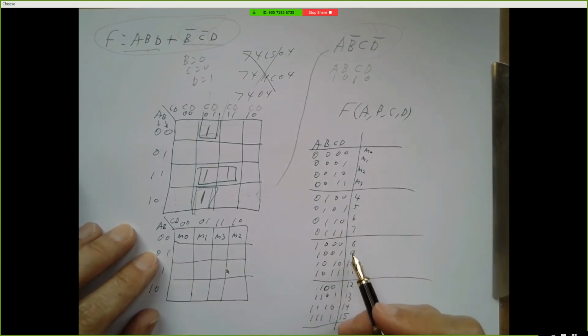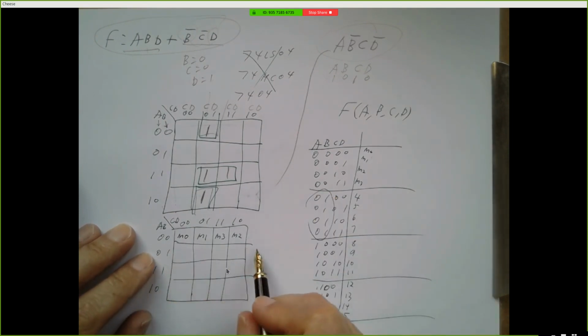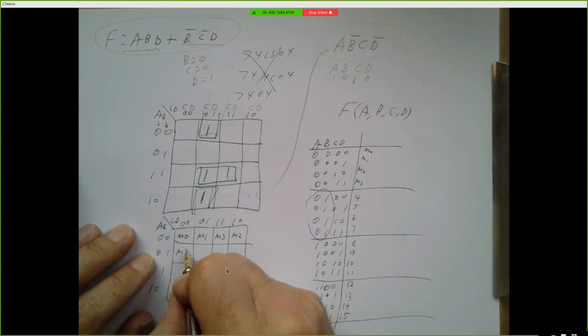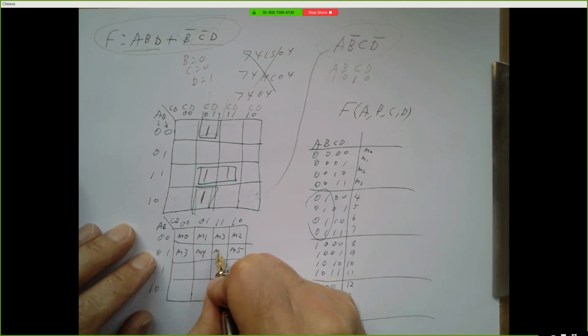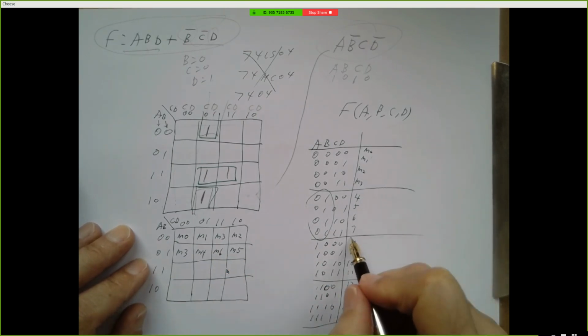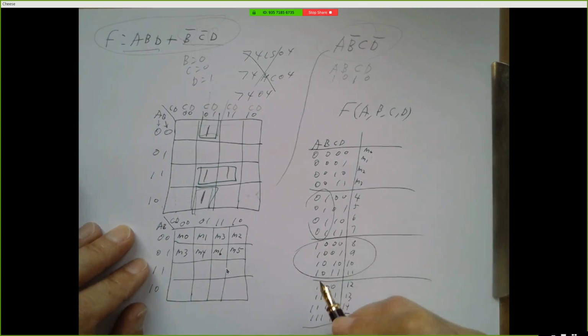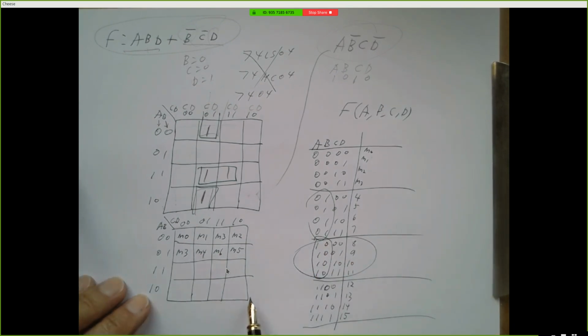Our next 4 terms are going to be exactly the same, except A, B are 0, 1, so they're going to be sitting in this second row. Our next set of terms are exactly the same order, except A, B is 1, 0, and that's down here on this bottom row.